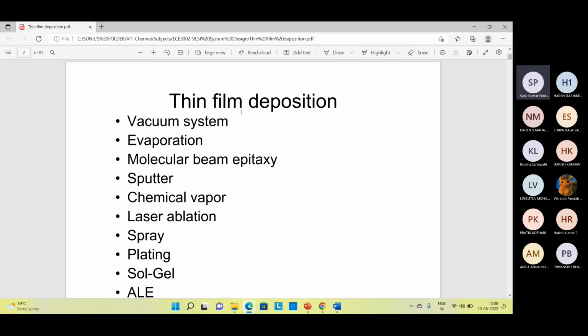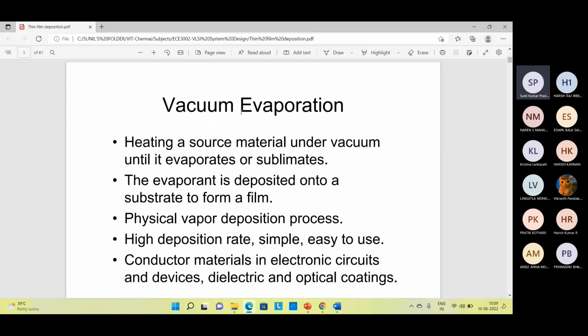Laser ablation uses a high energy laser beam to ablate the target material and then deposit it on the substrate. Similarly, there are spray deposition, electroplating, sol-gel, ALE. So these are all thin film deposition techniques. Now we'll discuss them one by one.